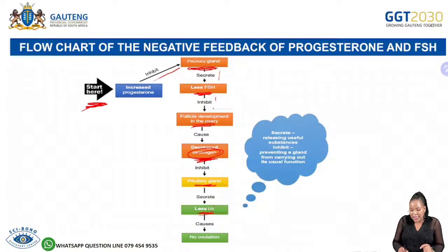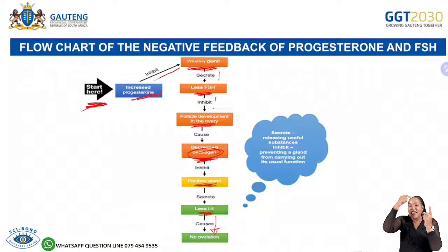Who is that? That is the pituitary gland. Then this less LH is going to cause no ovulation because there was no follicle from the start. So high levels of progesterone means less estrogen. Less estrogen means less LH, because then there is no ovulation.